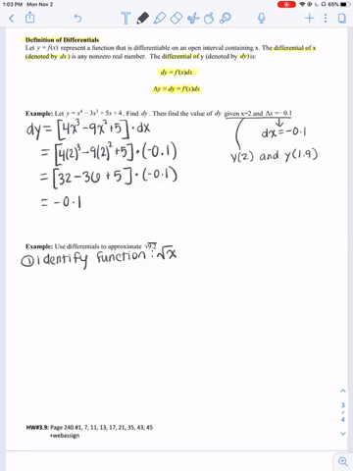And then two, you're going to want to identify your x value and then your change in x. And so what's the closest square root we know? 9. So we're going to say x is 9. And then I'm going to say delta x is 0.2.